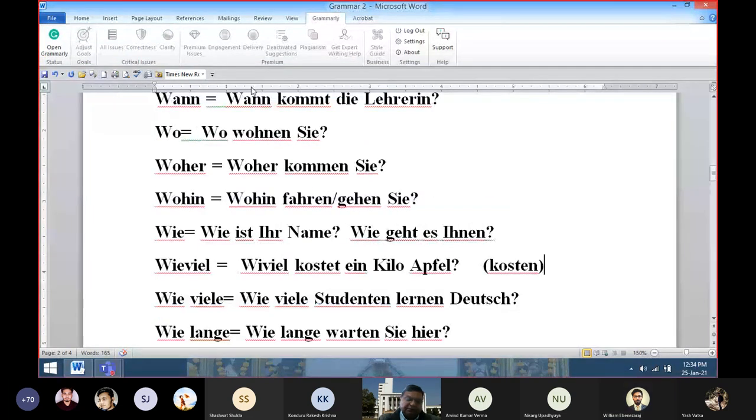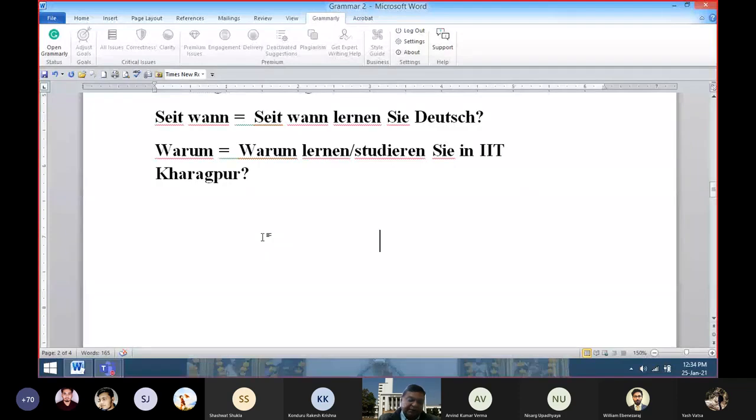Wohin, all of you, wohin geht ihr. Yes, here it is "geht", also plural. This "ihr" is the form of du plural. It will be something like "tum log, tum sab kahan ja rahe ho", something like that.